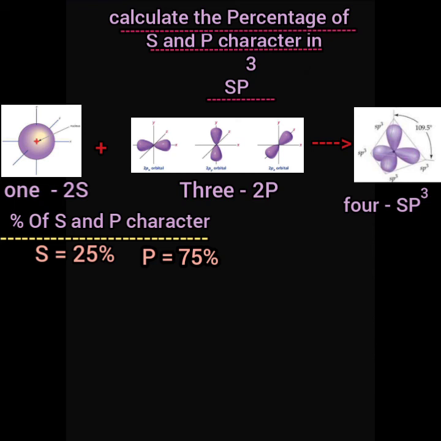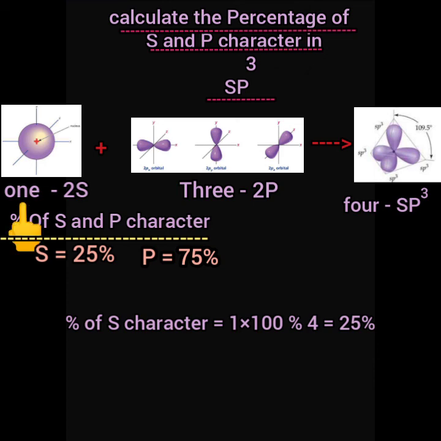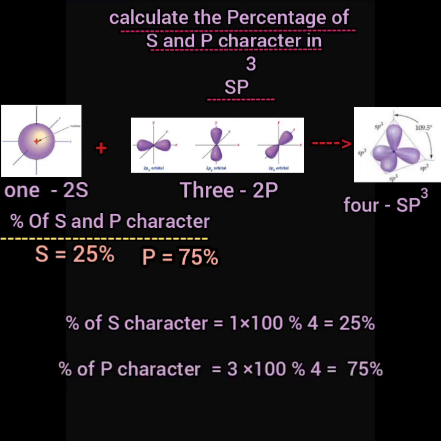That is, the percentage of s character is equal to, here we have only one s orbital, so 1 into 100 for finding the percentage, divided by, we have totally 4 orbitals, 4, equal to 25. And the percentage of p character is equal to, we have 3 p orbitals, so 3 into 100 divided by totally we have 4 orbitals, 4, equal to 75.